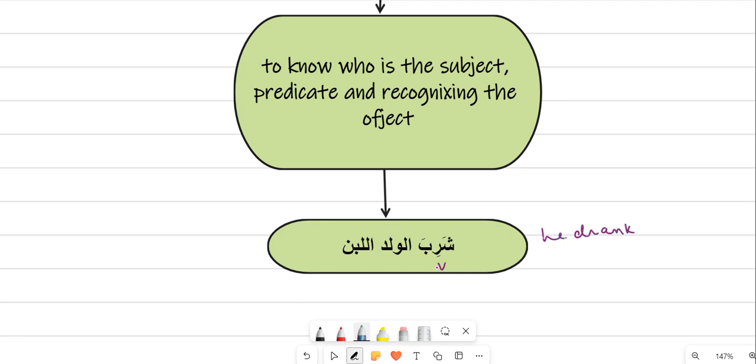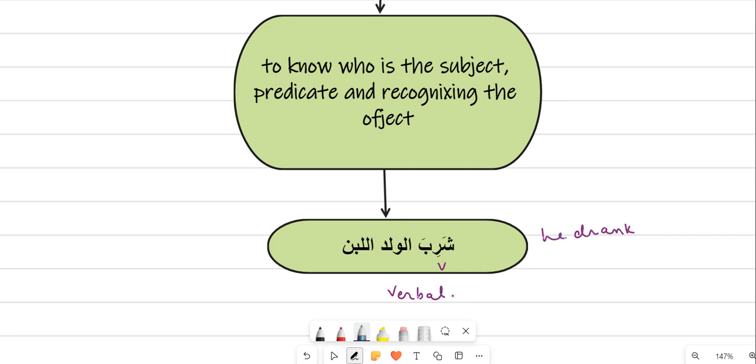Know that in Arabic, the verb comes first in the sentence. The noun cannot start the jumla fi'liyah. You will see the verb starting the sentence in jumla fi'liyah, or in English we say verbal sentence.